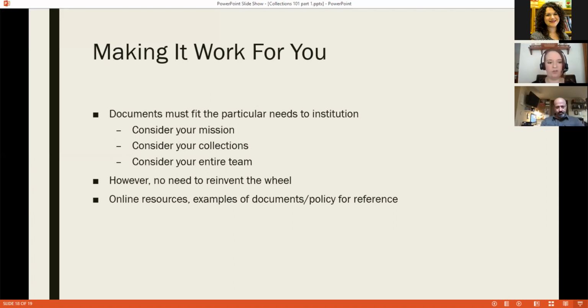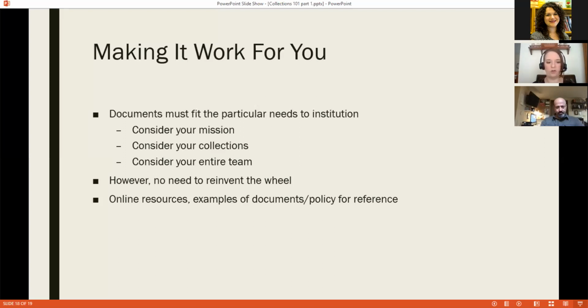That being said, there's no need to reinvent the wheel. Having written some policy myself, I went online a lot, just Googling random policies to try and figure out what would work for who I'm writing the policy for, and again, scaling it to the size of the institution and their needs.